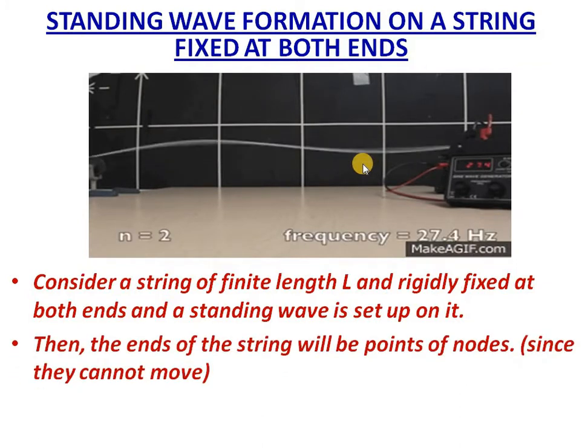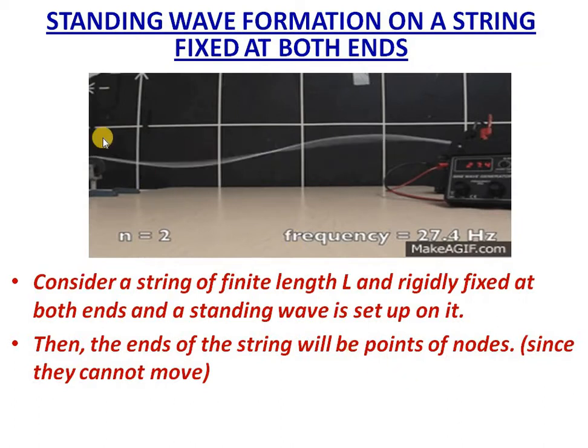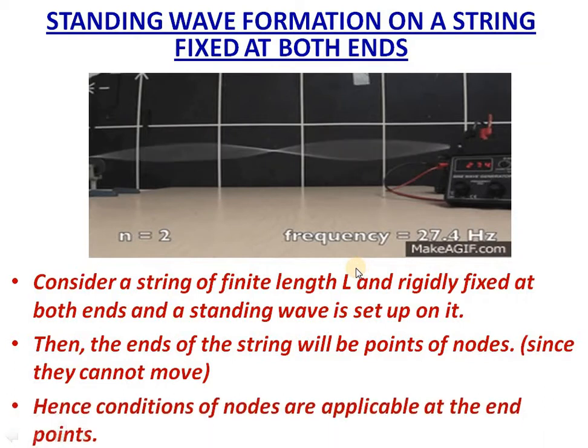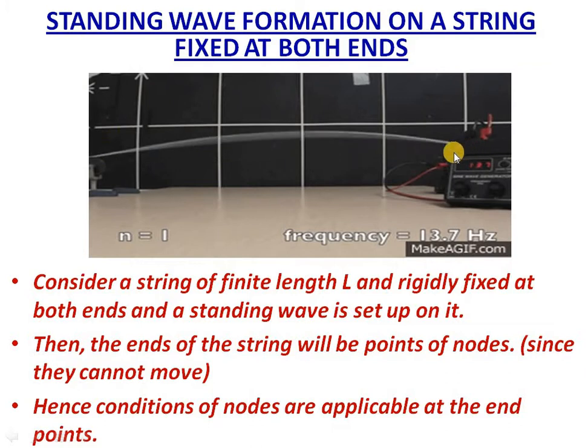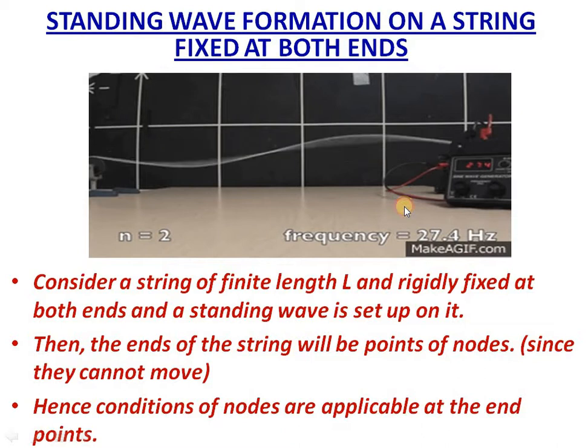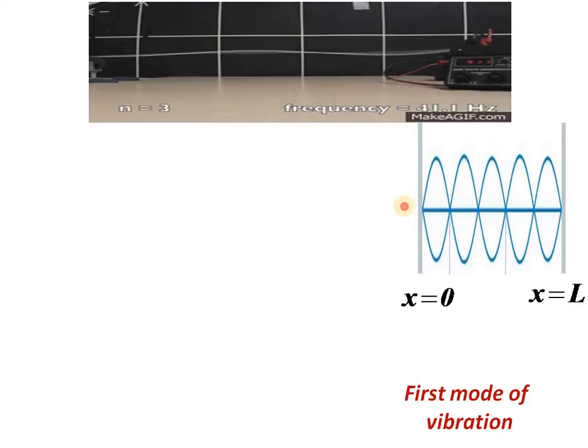Of course, both ends are tied to the wall or fixed rigid support, so they cannot move, they cannot oscillate. Obviously those points will act as points of nodes because the displacement will always be 0. Those tied points, the endpoints, we consider as node points. So we consider such a case.